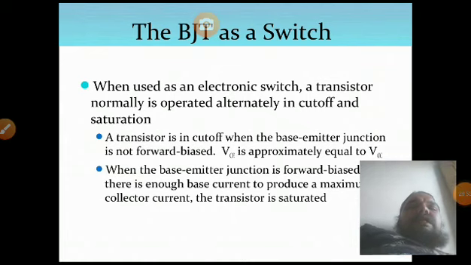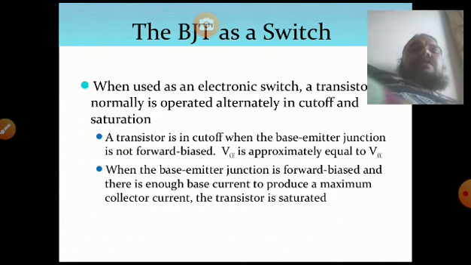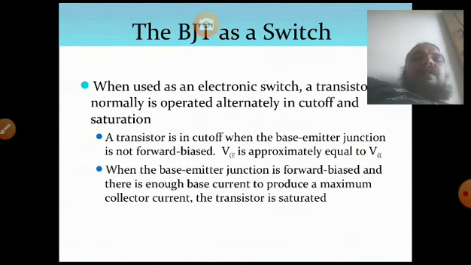When used as an electronic switch, a transistor normally operates alternately in cutoff and saturation. A transistor is in cutoff when the base-emitter junction is not forward biased; VCE is approximately equal to VCC.